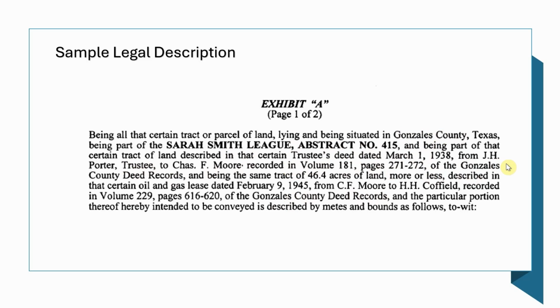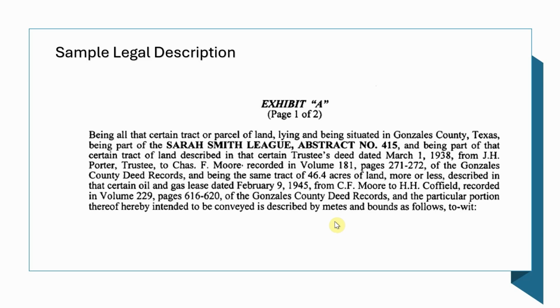We also know that it's going to be described in another record from an oil and gas lease on this date from this grantor to grantee, recorded in this volume and these pages also in the Gonzales County Deed Records. So we have two major pieces of evidence that we're going to want to look up, both at the Gonzales County Deed Records office.